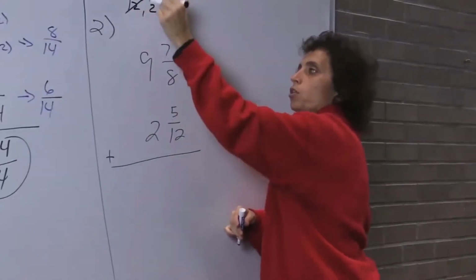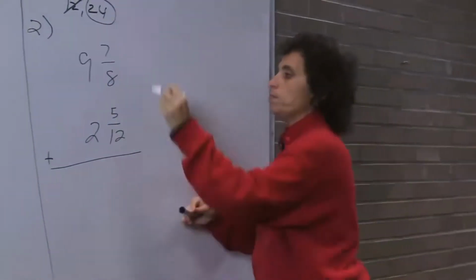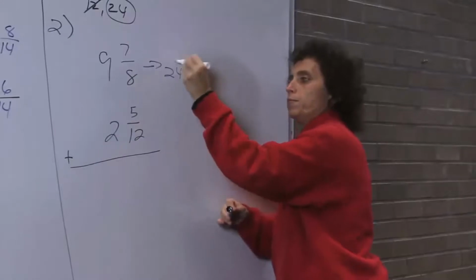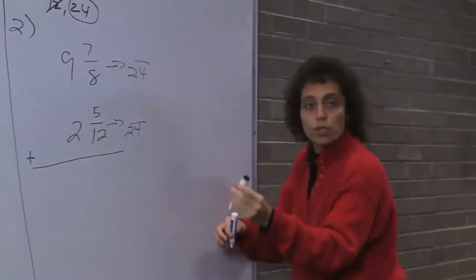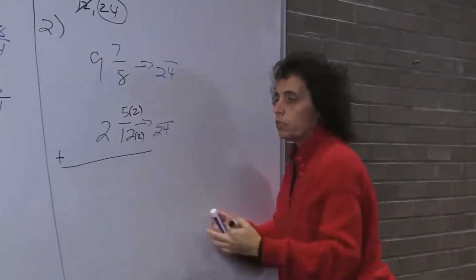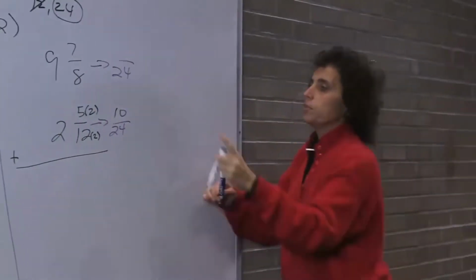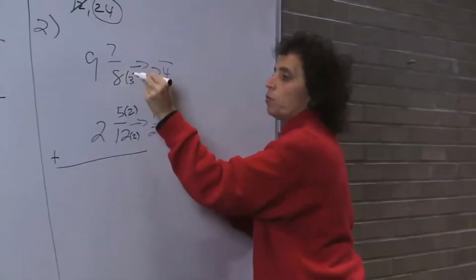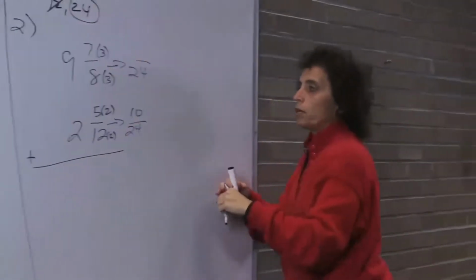Yep, 24 works because 8 does go into 24. So here we go. We want a denominator of 24. Okay, so here, 12 times 2 is 24, so 5 times 2 is 10. Okay, here, 8 times 3 is 24, so 7 times 3 is 21.